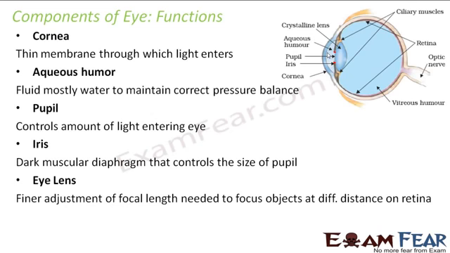But if you want the image distance to always remain the same while the object distance is varying, what is the other factor that controls it? The other factor is the focal length. So if you want the image distance to be constant with the change in object distance, you have to change the focal length of the eye lens, right? So the purpose of the eye lens is to form images on the retina. A real and inverted image is formed on the retina.